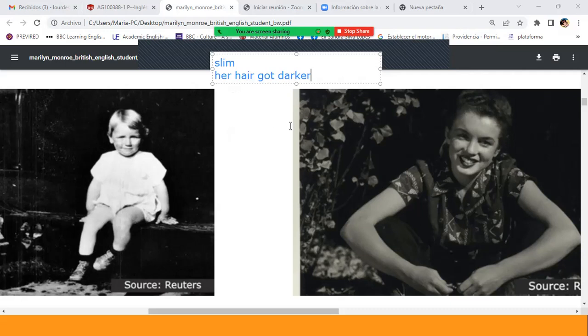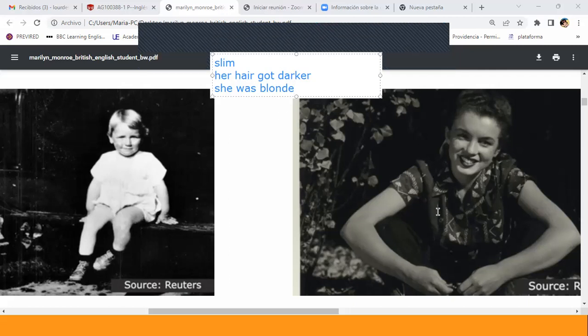Like blonde? Okay, she was blonde. Well, in picture 2, we don't know if she had tinted her hair. But her hair got darker, definitely. And she was very slim here.